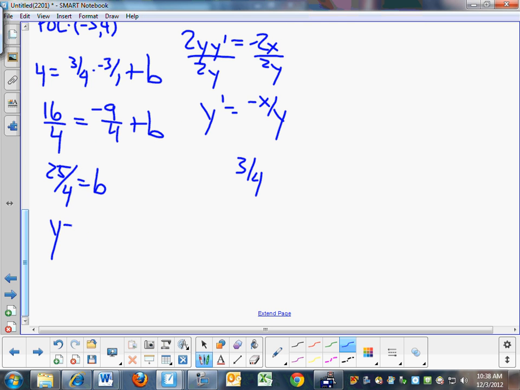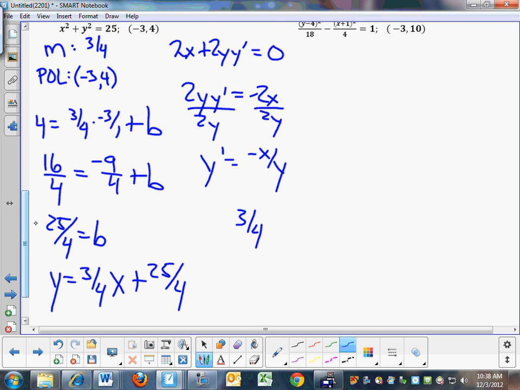My equation for my line, y equals 3/4 x plus 25 over 4. And if you draw your circle, you'll be able to tell that that does in fact work out. I could. I don't want to show off.